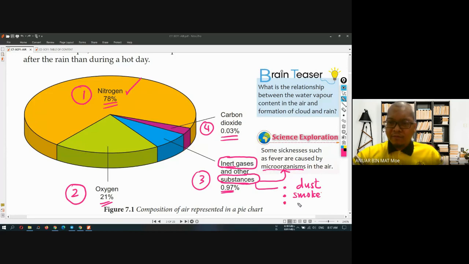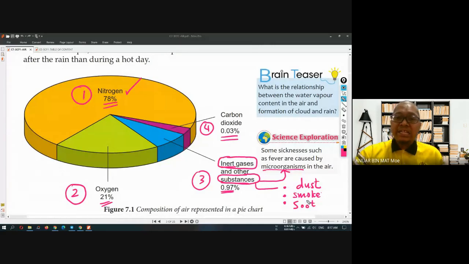Right now, virus. If you go to a crowded area, maybe one of the compositions there is virus, but it is not too much. So microorganisms such as bacteria and virus, and of course dust, smoke, and for example soot.